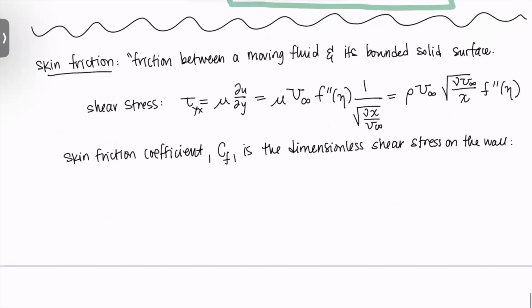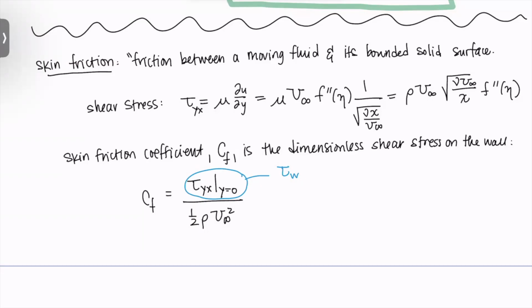All right, so CF is just tau yx at y equals 0 divided by 1/2 rho u infinity squared. And note that this quantity here is usually called tau subscript w for the shear stress at the wall.